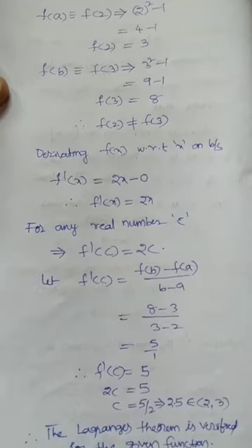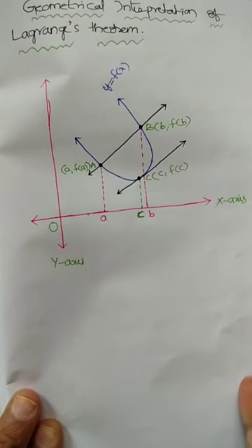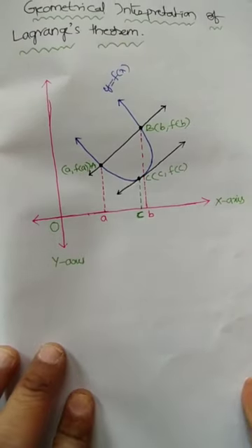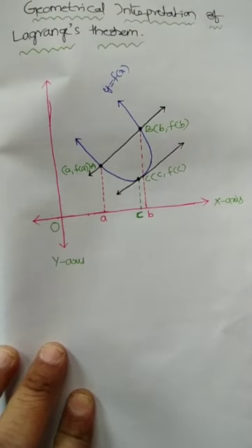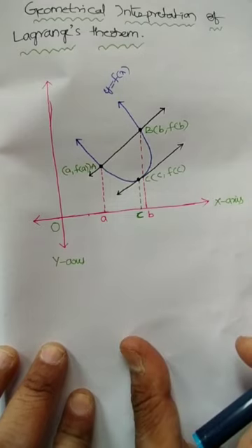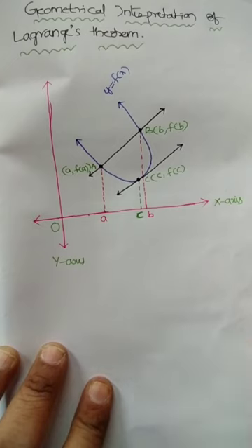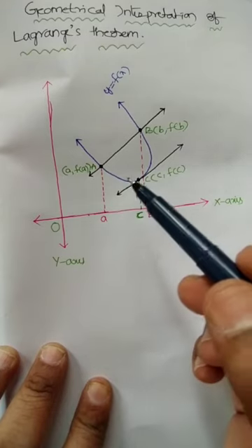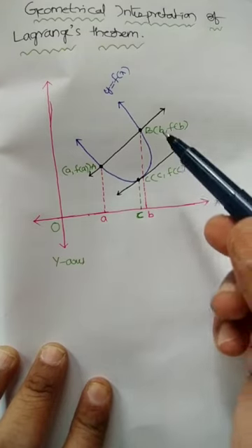Okay. Now we will discuss Lagrange's theorem with a geometrical interpretation. As we discussed Rolle's theorem, now we are going to discuss Lagrange's theorem in a geometrical interpretation. So I will explain each and every condition of Lagrange's theorem regarding this graph.